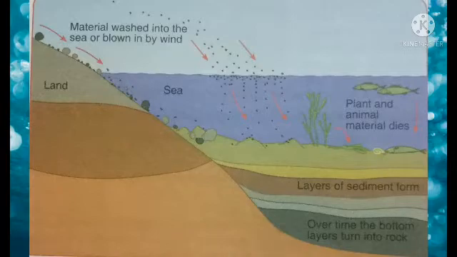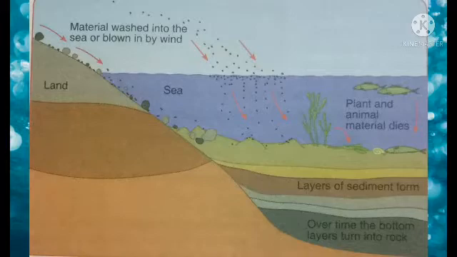Rain, wind and rivers flowing down mountains wear away rocks on mountains. These rock particles are carried down and deposited. A repeated deposition presses down the lower layers and hardens them into rocks.